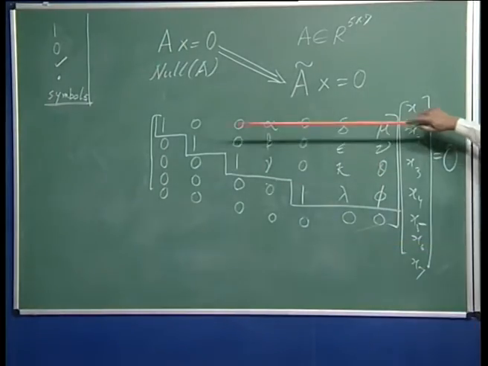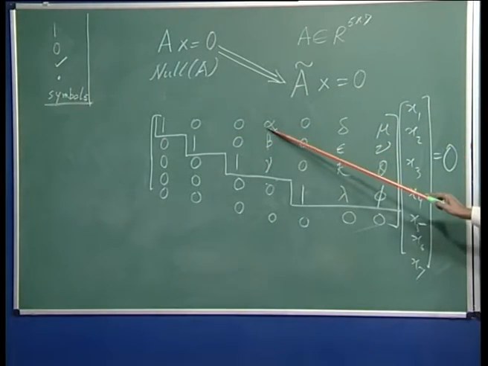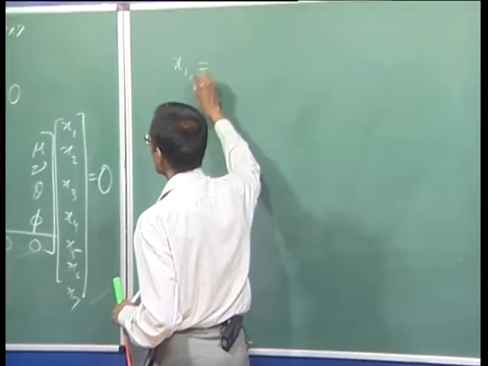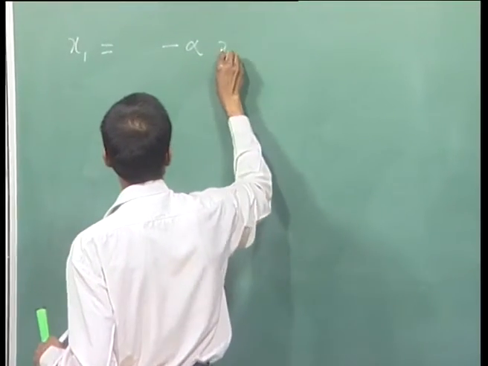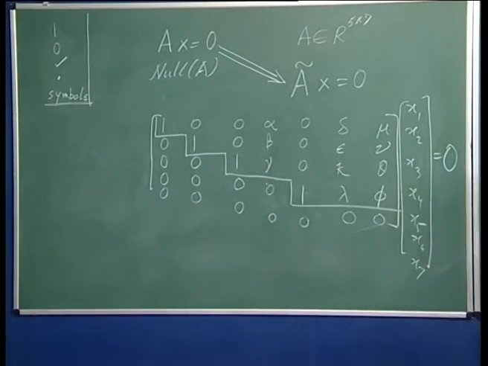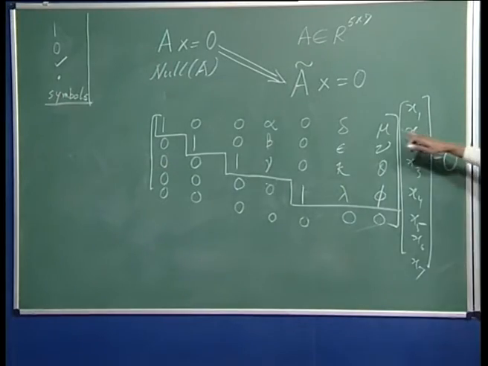From the first equation, we find that x1 plus alpha x4 plus delta x6 plus mu x7 equal to 0, and therefore, we can express x1 as minus alpha x4 minus delta x6 minus mu x7.